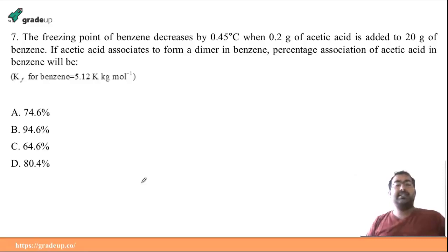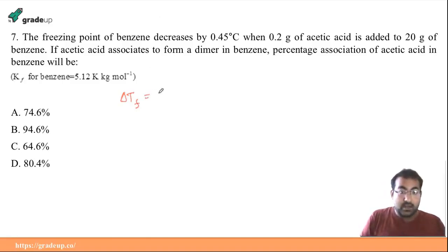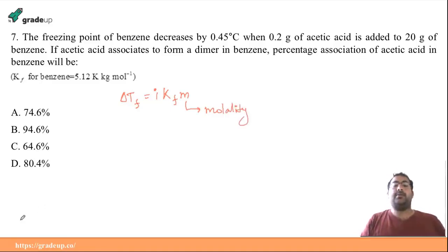Now, the freezing point of benzene decreases by 0.45 degrees centigrade. So in this question it is the delta T freezing, the depression in the freezing point, which will be equivalent to i times Kf times m, where m is the molality of the solution.